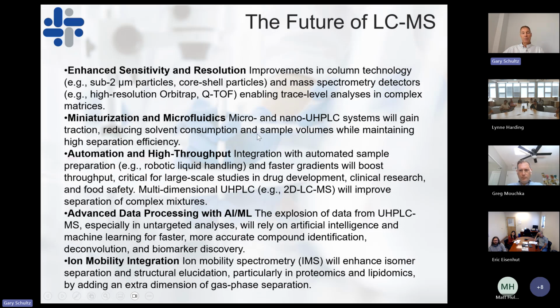There's a large push today in the use of miniaturization, both in terms of the column diameter and the fluidics, but also through the integration of these systems in order to maximize overall system performance. And by pulling all these things together, it leads to a higher separation efficiency that can be achieved.